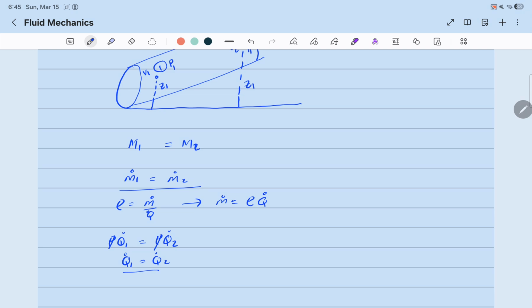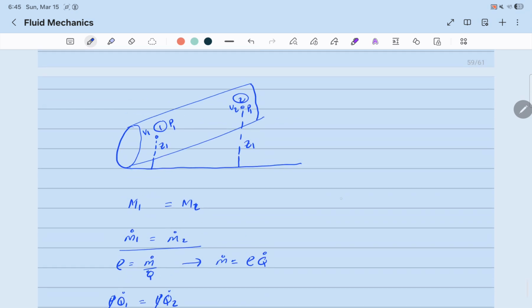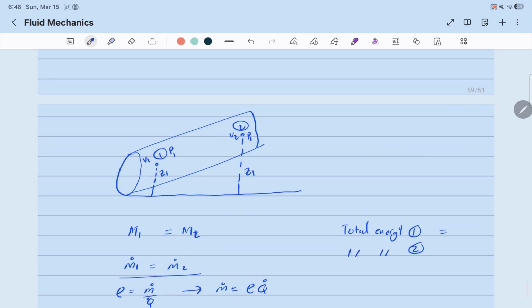So again, the total energy at point 1 is equal to the total energy at point 2. Now, knowing that, we can use the known parameters at one point to find one unknown parameter at the second point.